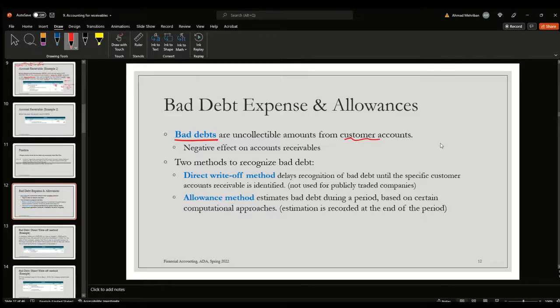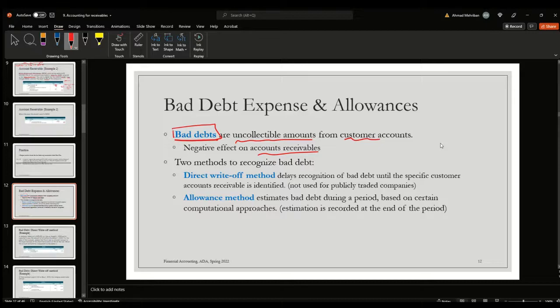We call them uncollectible amounts. This bad debt has a negative effect on accounts receivable. Clearly, bad debt can only be from transactions not made in cash, so we're talking about on-account transactions. Accounts receivable will be affected negatively by bad debts.